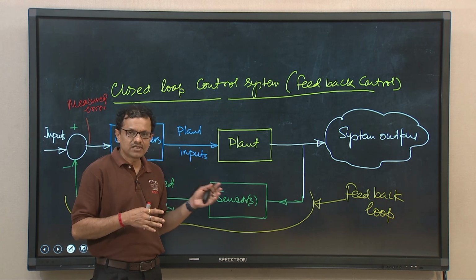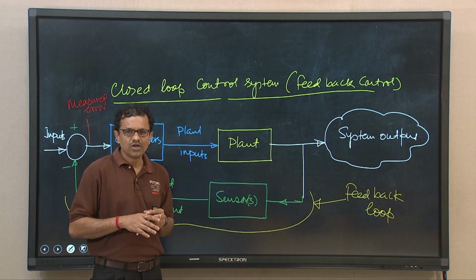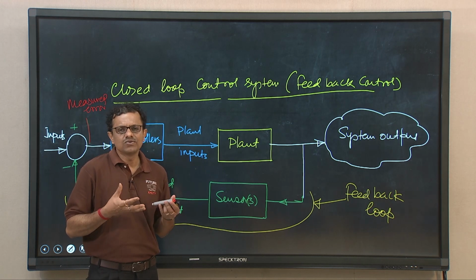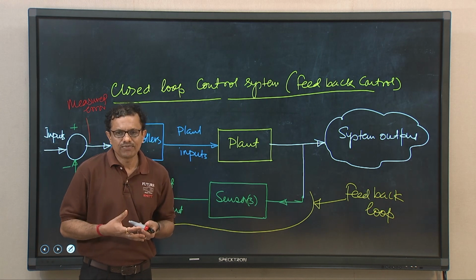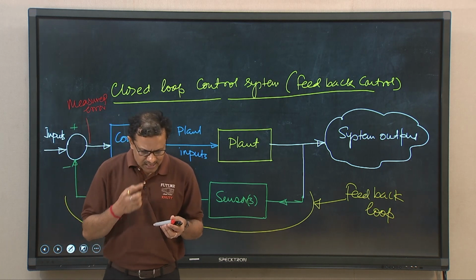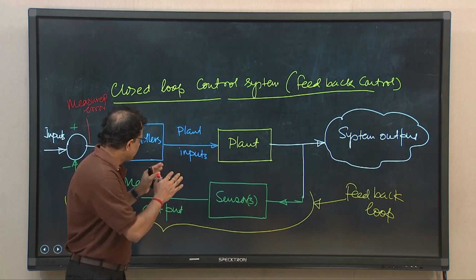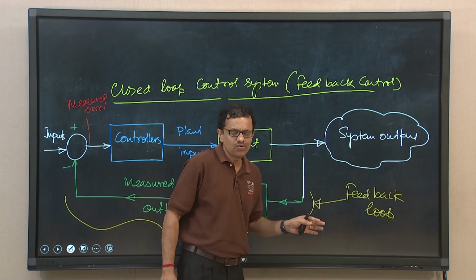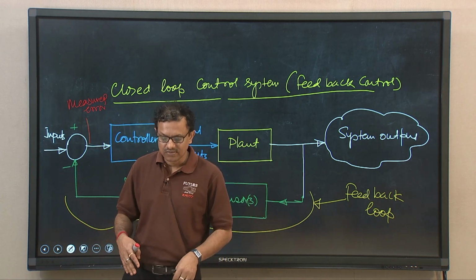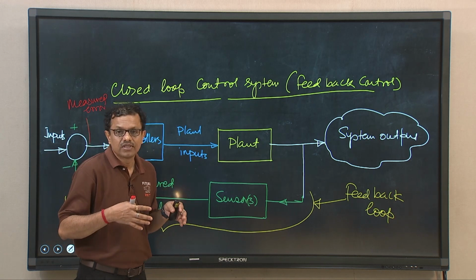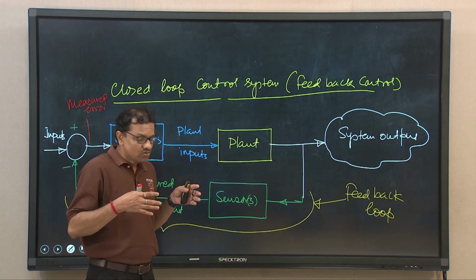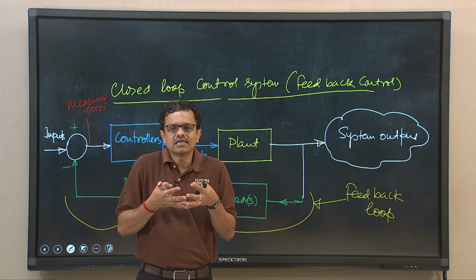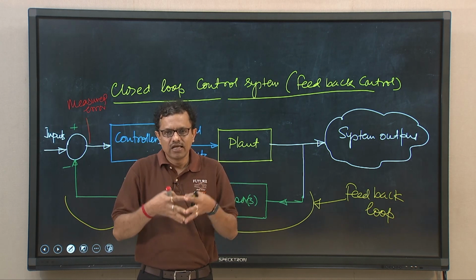So what is the speciality of this feedback loop? As I said, in open type it is not possible to receive feedback from the environment. From the schematic depiction we can see that the feedback loop allows the system to get some input from the environment.